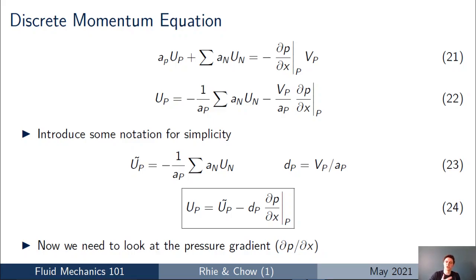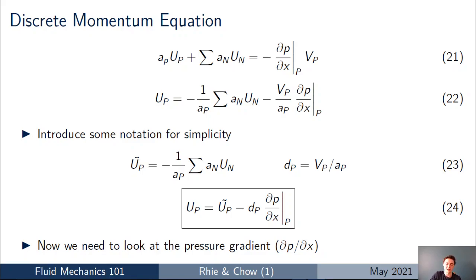And for us to follow along with the papers and the descriptions that you'll see in various textbooks, we're going to introduce some notation. The notation I'm going to use is not chosen by me, it's consistent with the papers and the sources that you'll see. What we're going to use is that summation term, minus 1 over AP multiplied by the summation of AN UN.